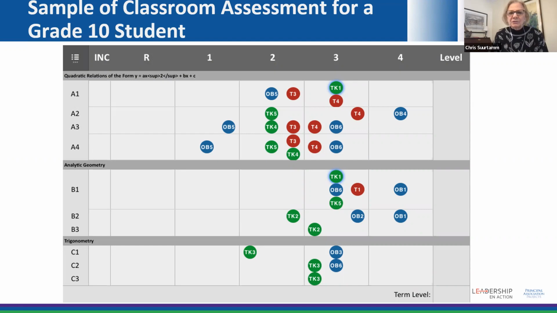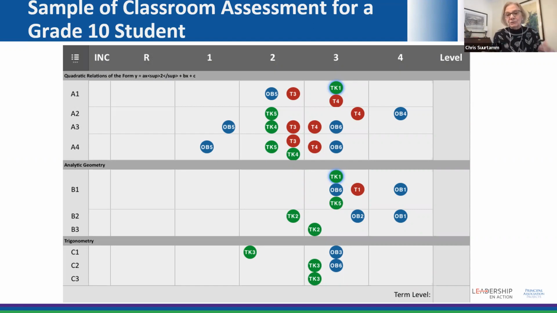So in other words, if she were to click on TK1, she would get the date, what this task was, any notes that she might have taken about the student, or maybe has a screenshot of what the student did on that particular task. And so we can see many different things here. We can see, for instance, that there's a variety of assessment strategies, that one particular assessment could, I'll say, hit several different overall expectations.